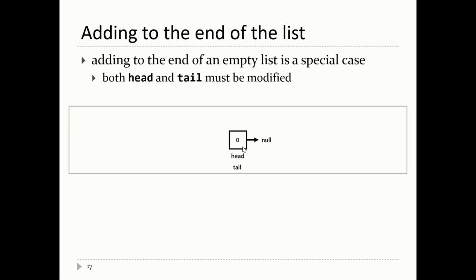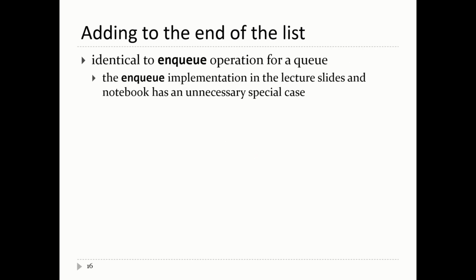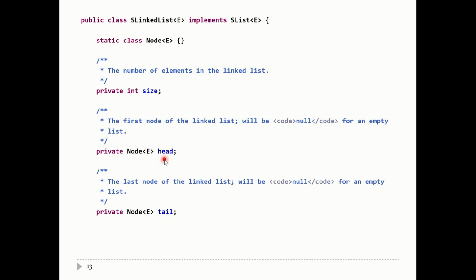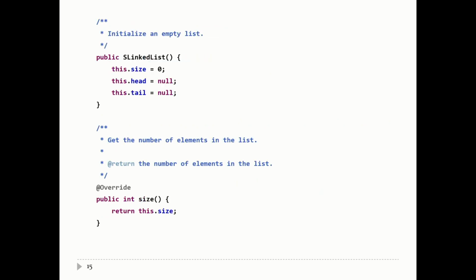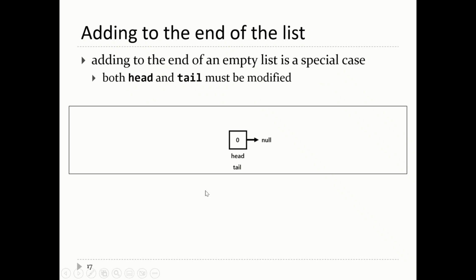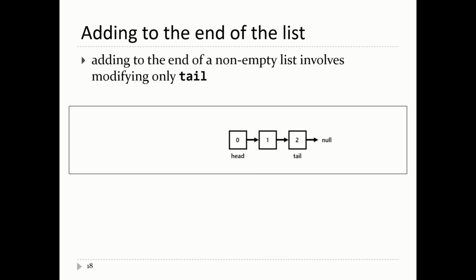Remember, we're keeping track of both the head and the tail node. So when you add to an empty list, both that field and that field need to be updated. Normally, you only need to update the tail node, because you always add to the end. But if there is no head node, you also have to update the head node. So when you add to an empty list, both head and tail get updated so that they refer to the node that you just created.